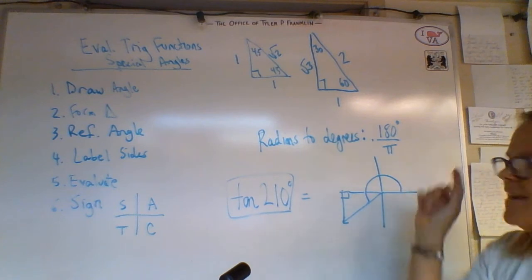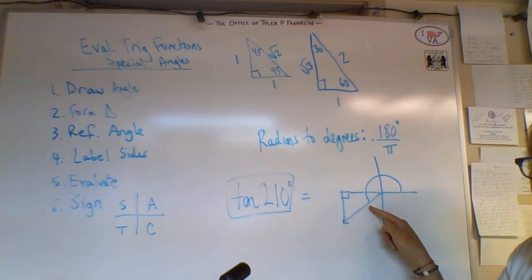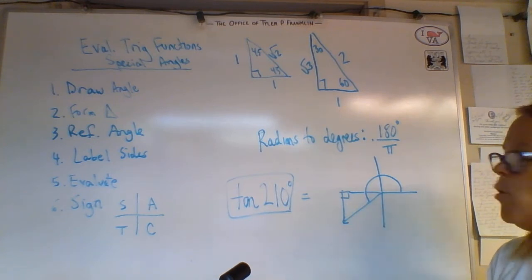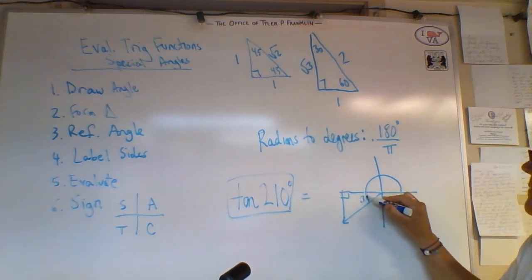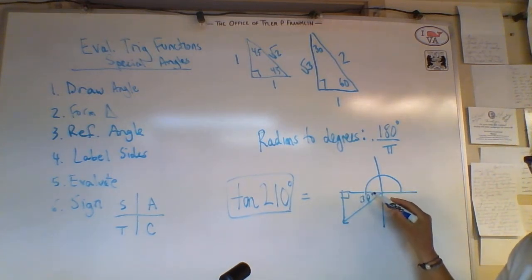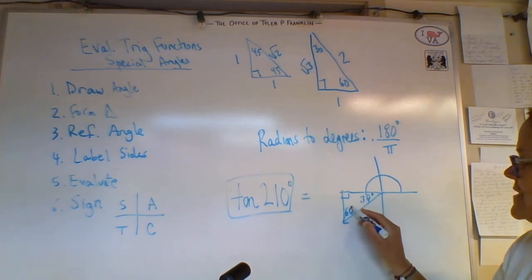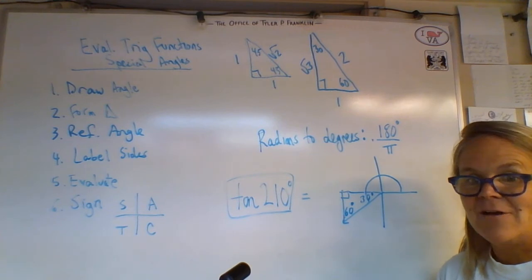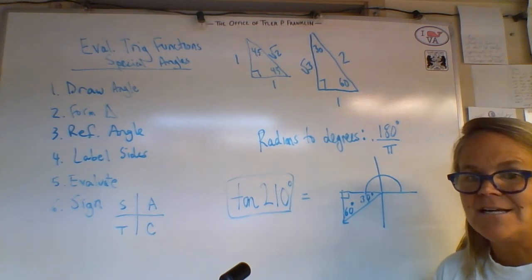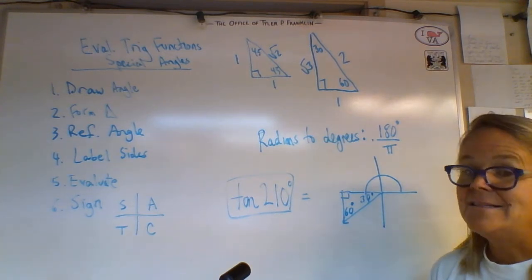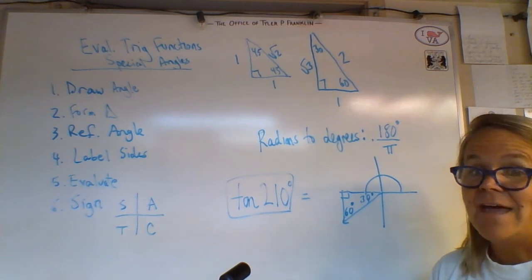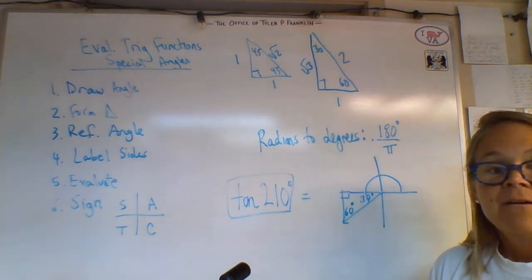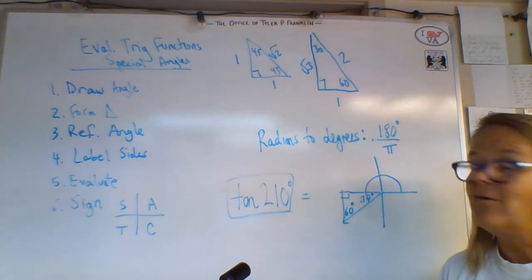And I got to think, if that's 210, I went 180, and then how much more? 30. Well, if that's 30, that's 60. You have to get a reference angle of 30, 60, or 45, unless it's quadrantal, then it's like a 90, which I'll go over at the end. So we have our reference angle.